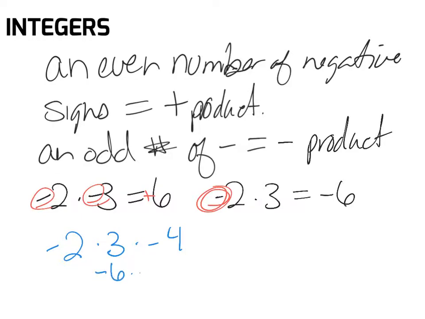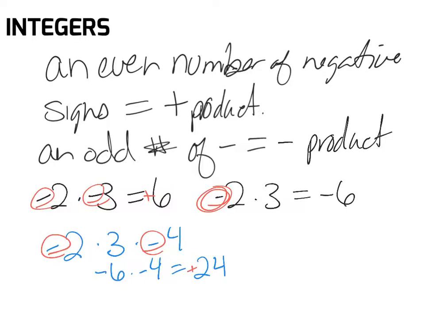But now I take that times negative 4, and I'm going to get a positive 24. If I go back to my original problem, I have 2 negative signs. That's an even number. So an even number of negative signs gives me a positive product.